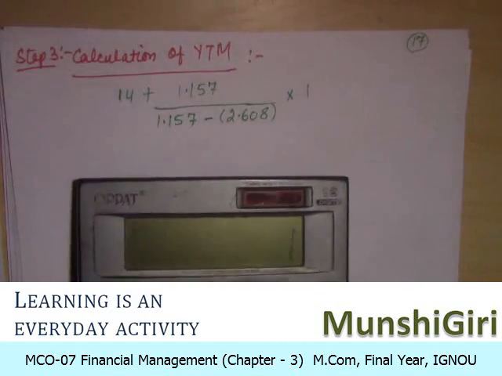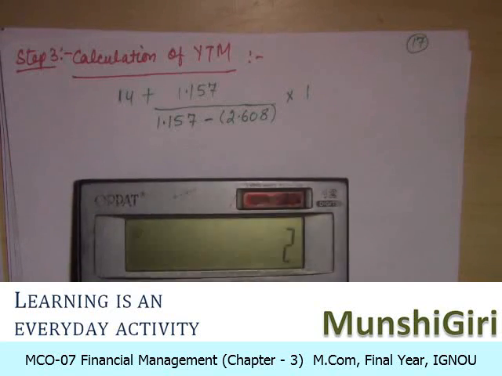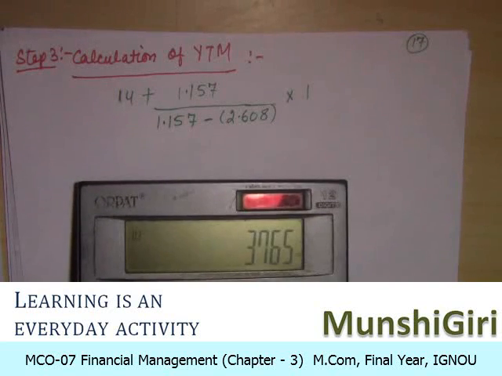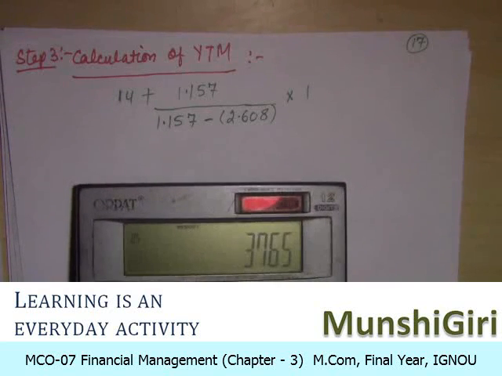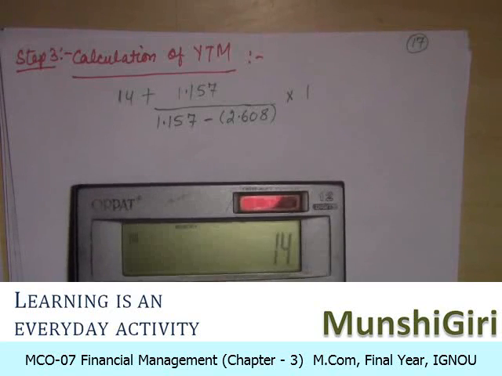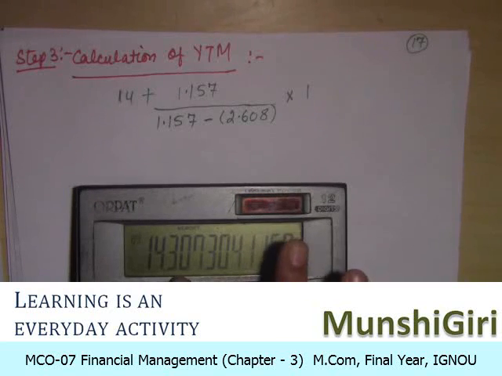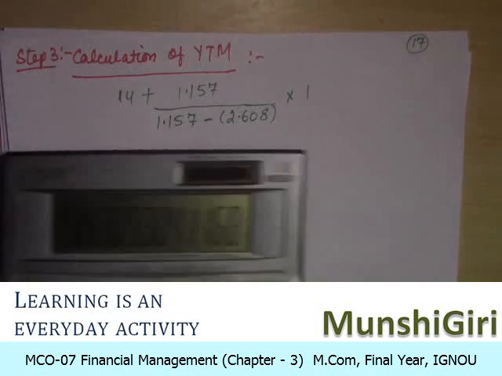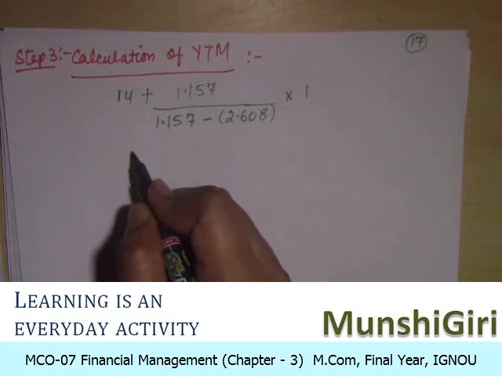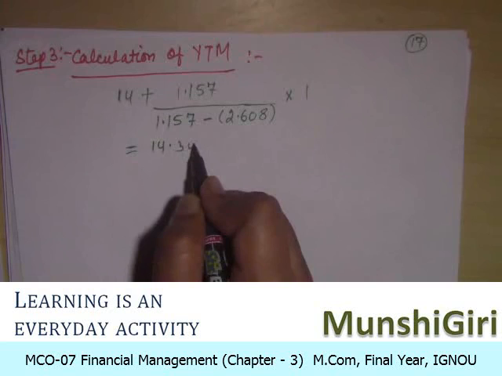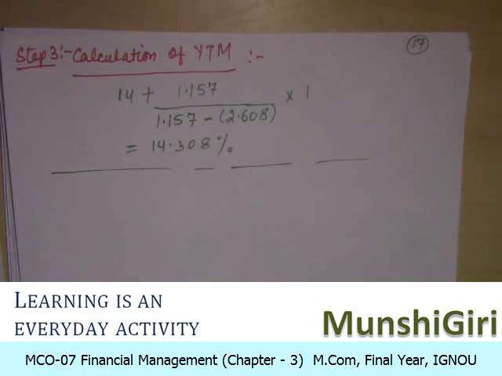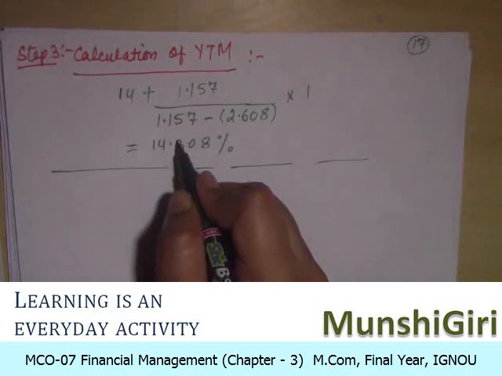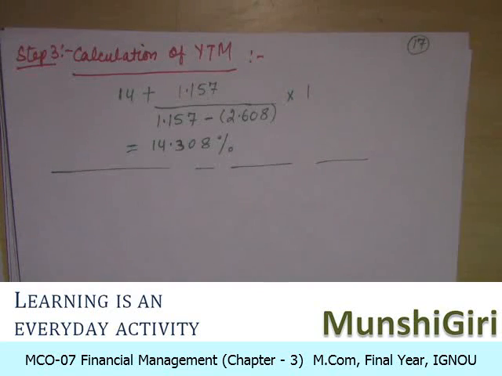This is 1.157 plus 2.608, which is 3.765. 1.157 is to be divided by this component, plus 14. It comes out to be 14.308%. The yield to maturity is 14.308%. This was all about the valuation of bonds and calculation of yield to maturity.